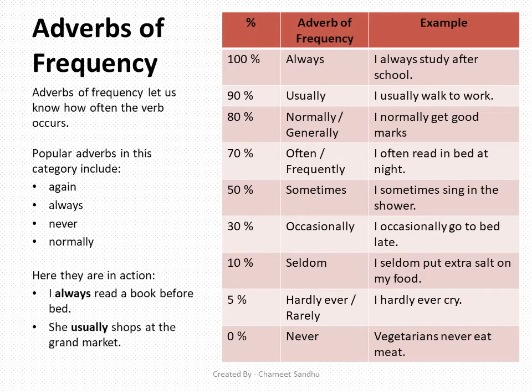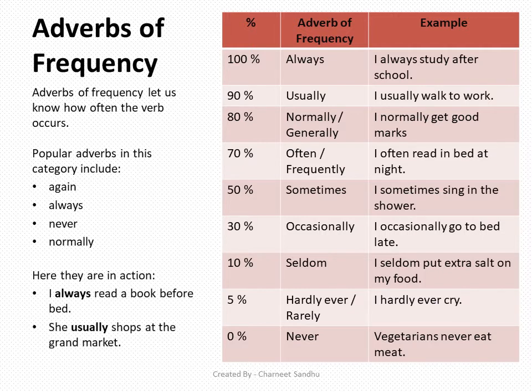Look at the table here. Always tells you about 100% probability of something happening. Usually talks about 90% probability. Normally or generally talks about 80%. Often, frequently talks about 70% of times something happening.